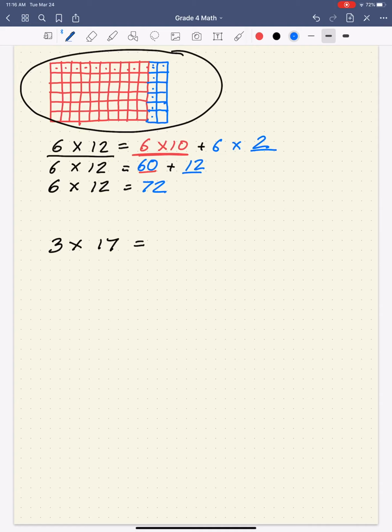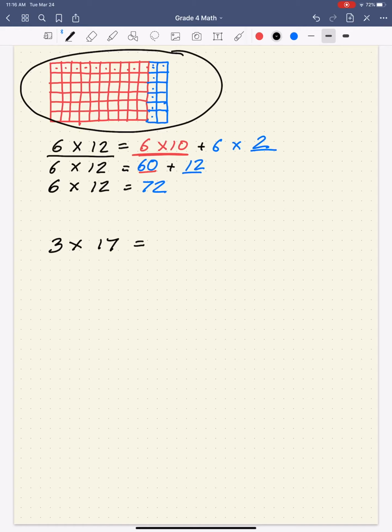So far we've had our array and we've tried to create equations to figure out how many spaces are in that array. Let's go backwards. Let's start with an equation and make an array. So for this equation here, we have 3 times 17.